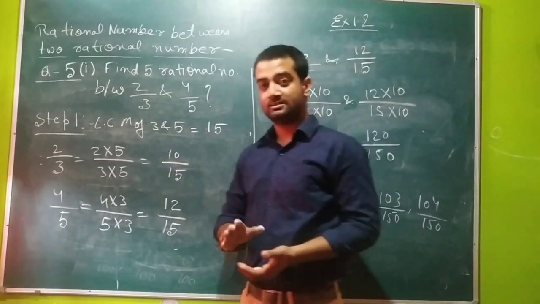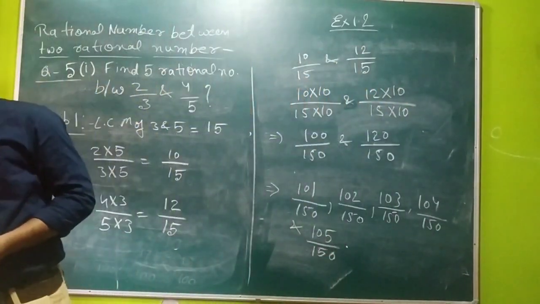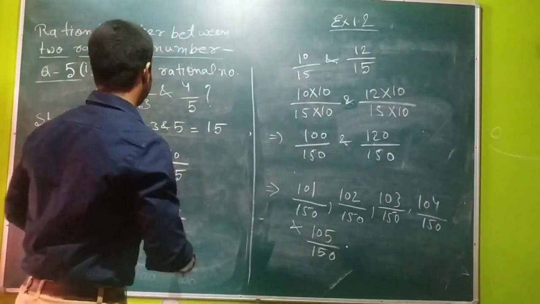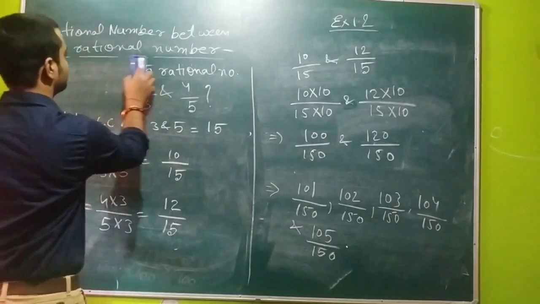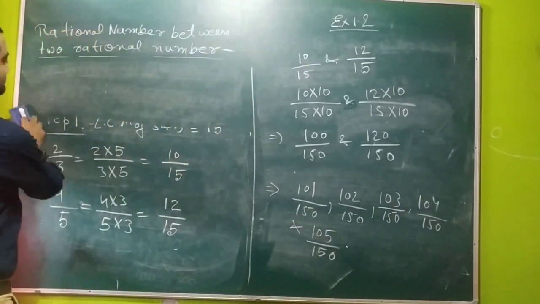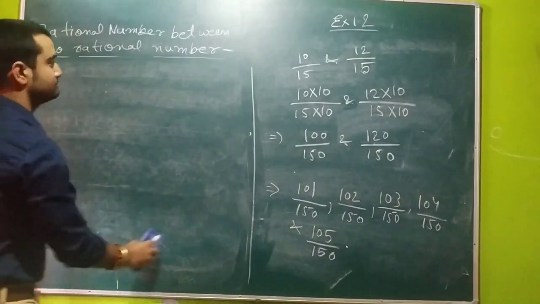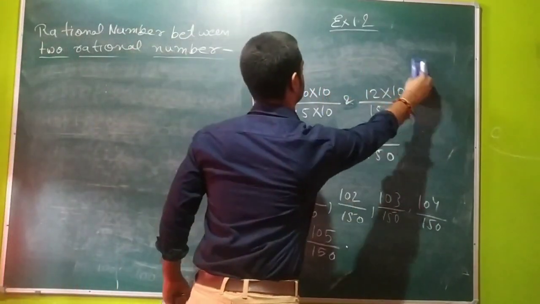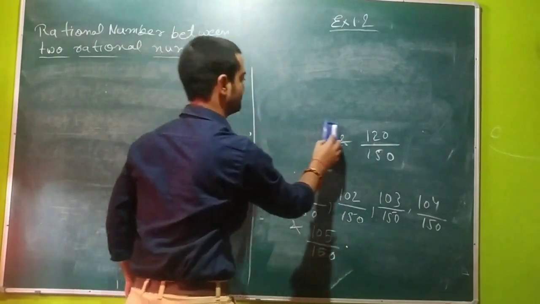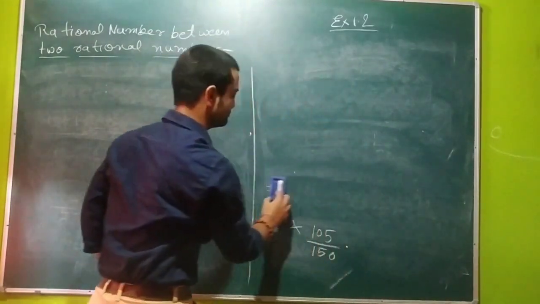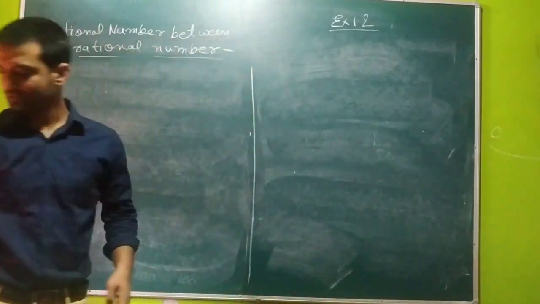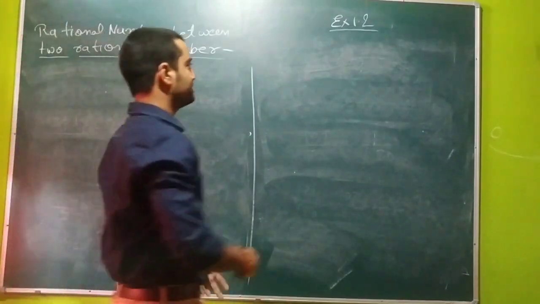Now, this was the first method, because there is another method which we call the average method. So, what is the average method?